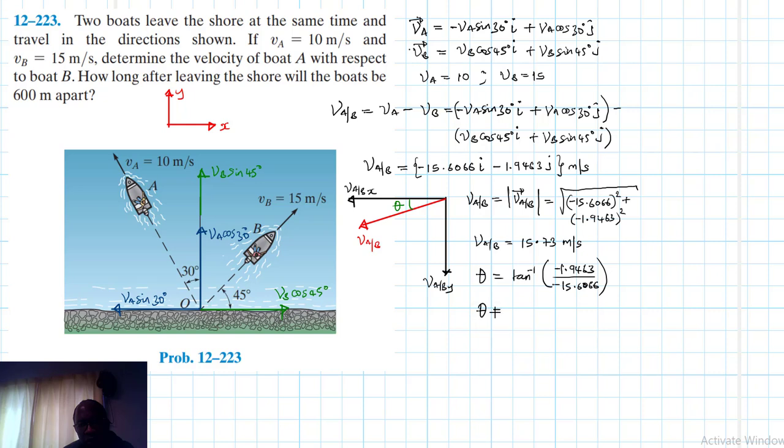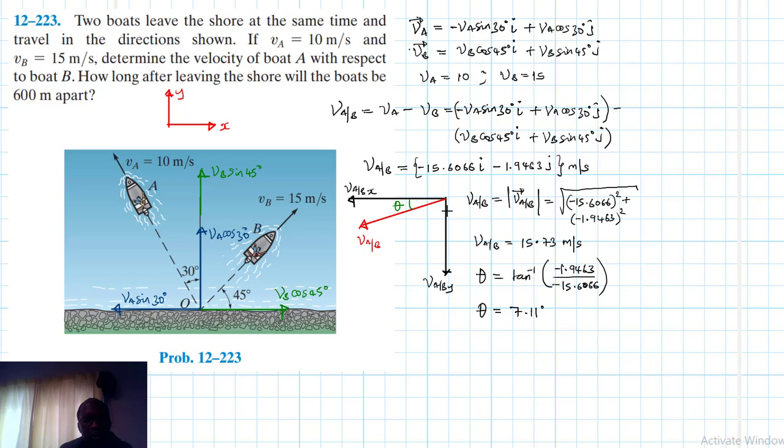Therefore our theta is tan inverse of 1.9463 divided by 15.6066. There we go. Tan inverse of that, we have 7.11 degrees, which is there.